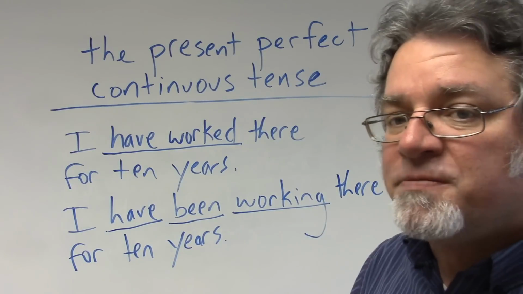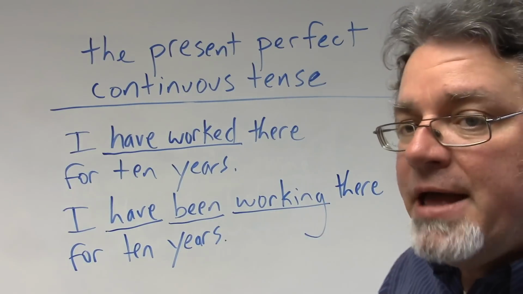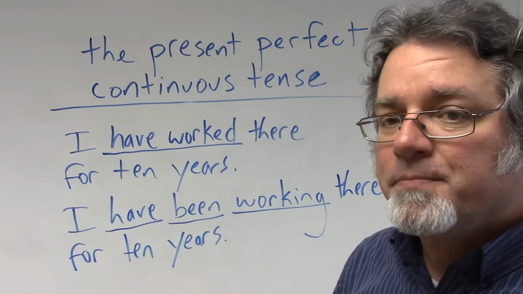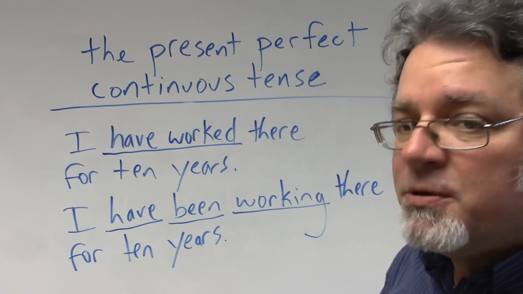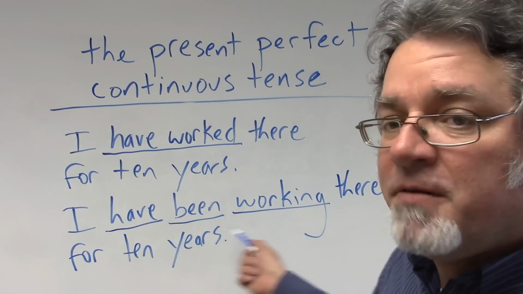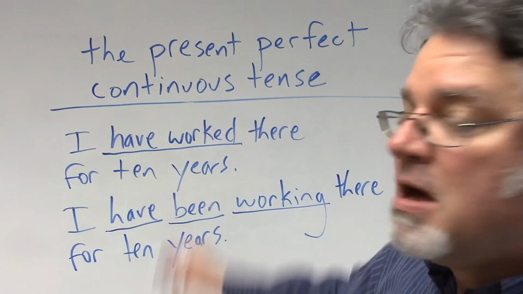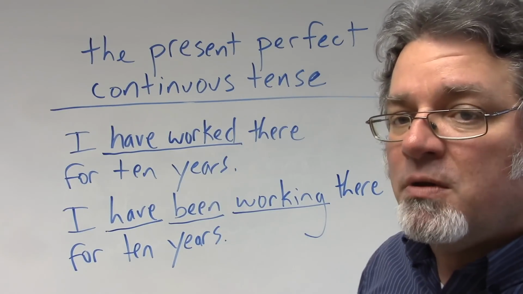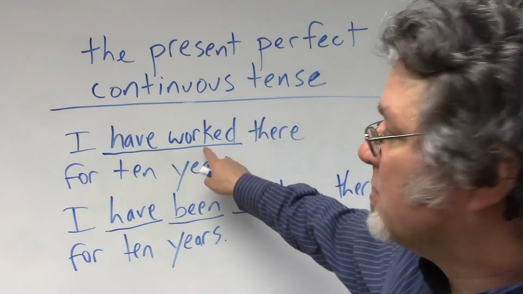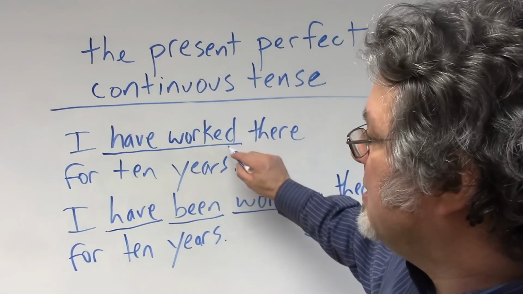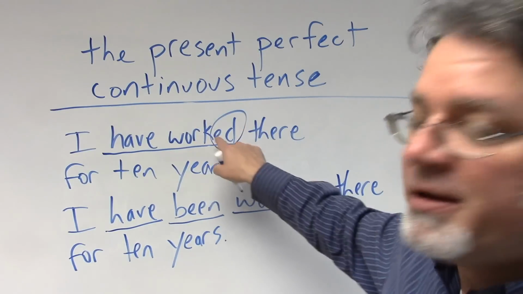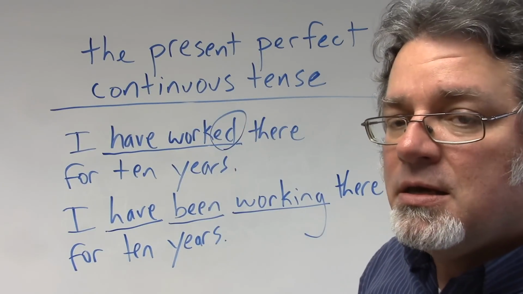It's in the continuous form. It adds the ing to work. It's a little easier sometimes to use the present perfect continuous tense because it's not necessary to remember the past participle. In this case, this is a regular verb, so it's easy to remember that a regular verb adds ed.